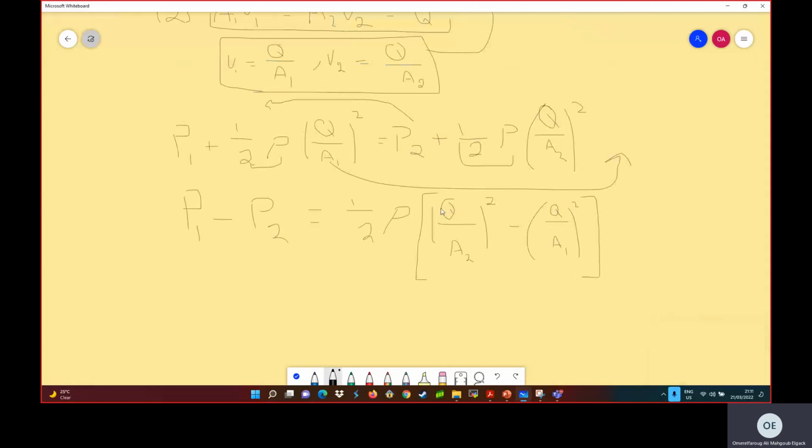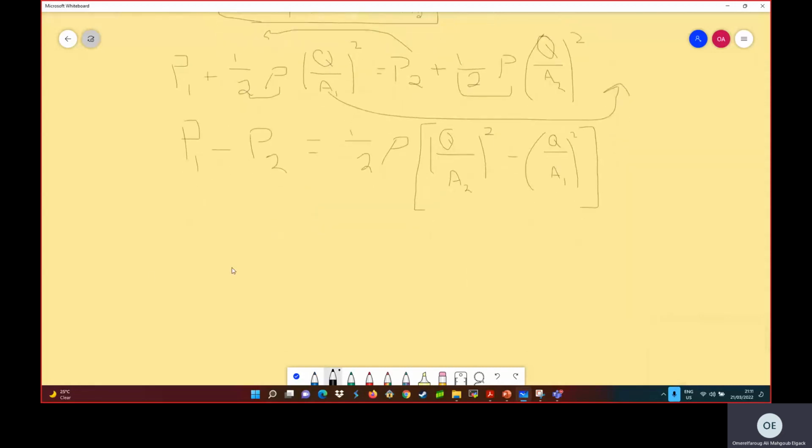Okay, also you can take Q squared as a common factor. So you have P1 minus P2 is equal to half rho Q squared, take it as a common factor, and then you have 1 over A2 squared.